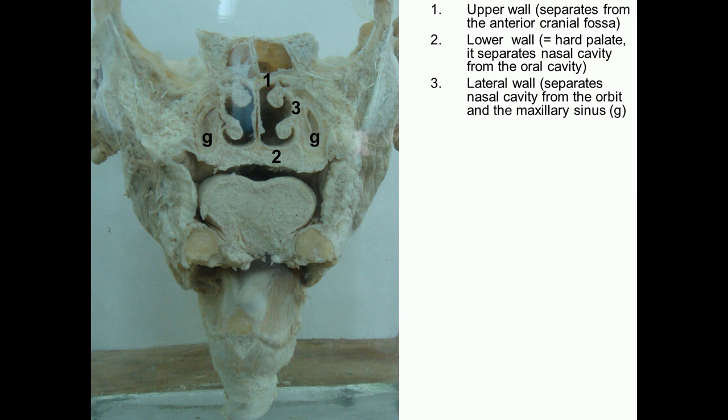And the maxillary sinus we can see here, designated as letter G. It's interesting, you can see that here the maxillary sinus is quite small. It's smaller than in a bony specimen. Why? Because here there is a mucous sheet which covers the maxillary sinus from inside.